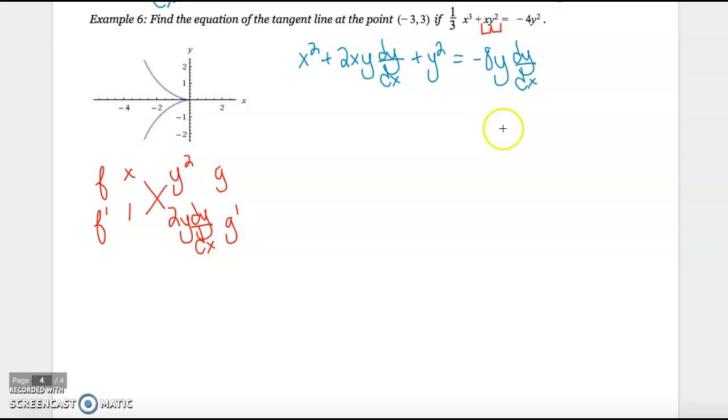All right, and so now let's move over. It's kind of up to you guys. I tend to put my dy dx's on the left-hand side, so let's scoot those over here. And then we'll add 8y dy dx to both sides.